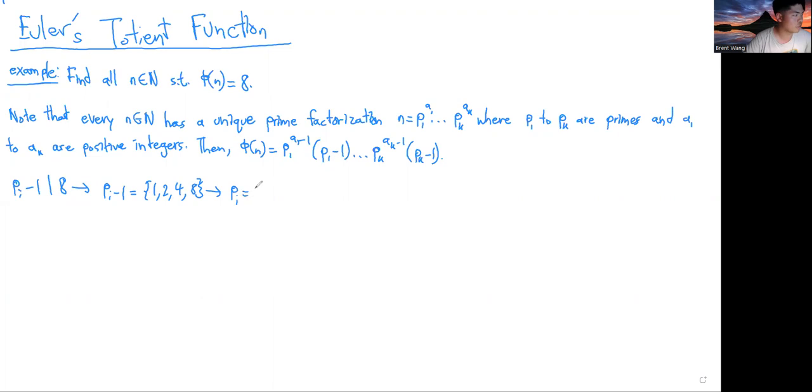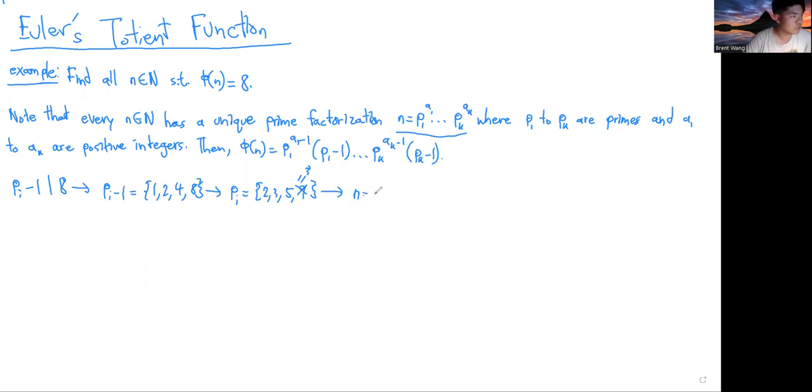So pi is equal to 2, 3, 5, and 9. But it's not equal to 9 because 9 is not a prime. 9 is equal to 3 squared, so it's not a prime. So pi is equal to 2, 3, and or 5. Therefore, remember here, the unique prime factorization, n is equal to p1 to the a1 dot dot dot times pk to the ak.